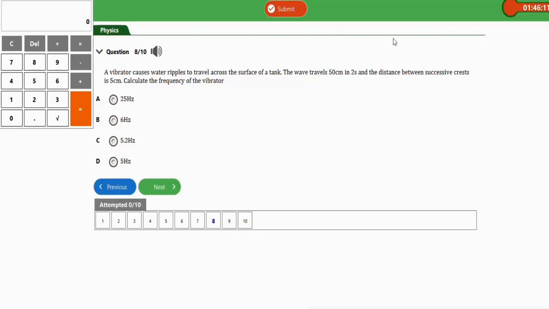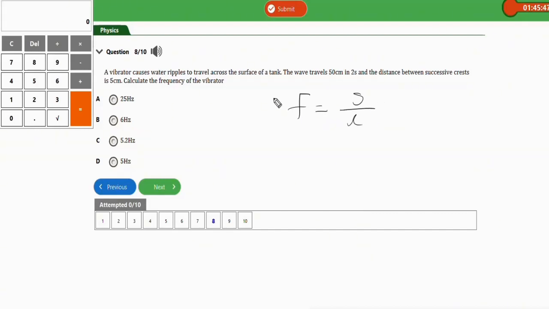Alright, so to solve this kind of problem, this is the formula you apply. We are looking for what? The frequency. So to get the frequency, we are going to use this formula, the speed over wavelength. That's the formula we can use to solve the problem.